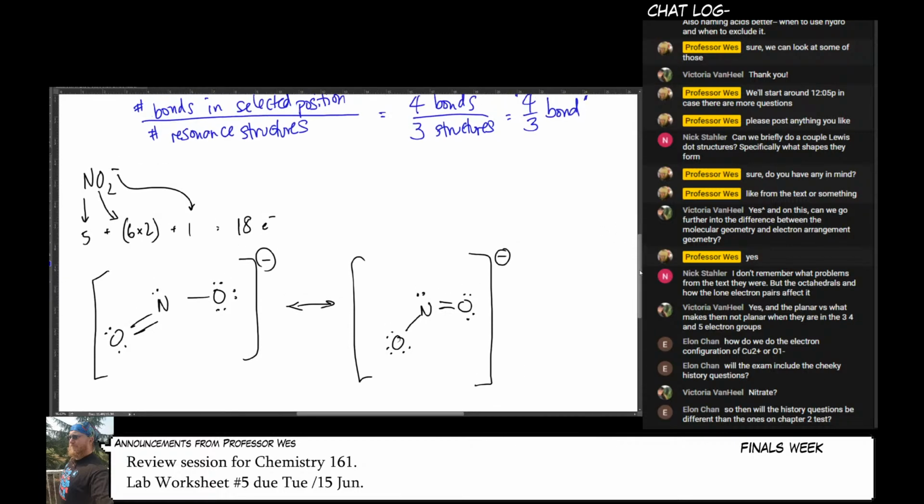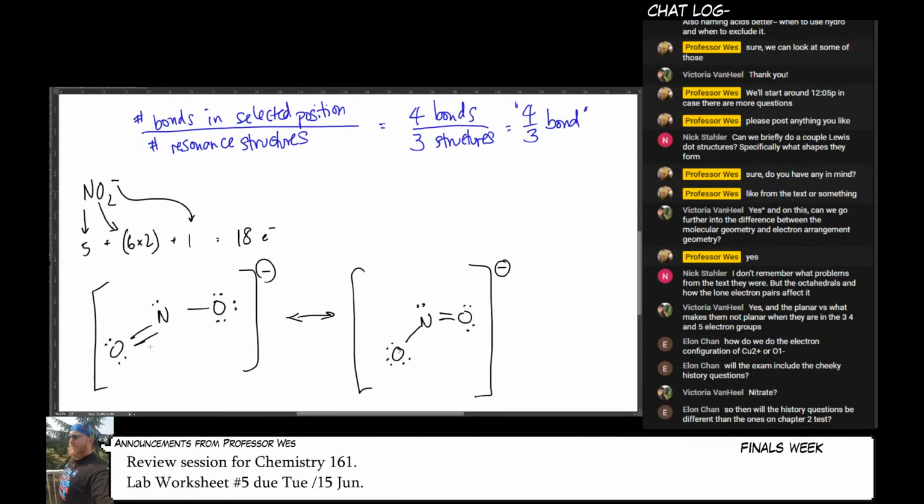And if I wanted to calculate the bond order in a given position, I'm going to pick this position. Just why not? Then I would get 1, 2, 3 bonds over 2 structures. And so this would be equivalent to a 3 halves bond.